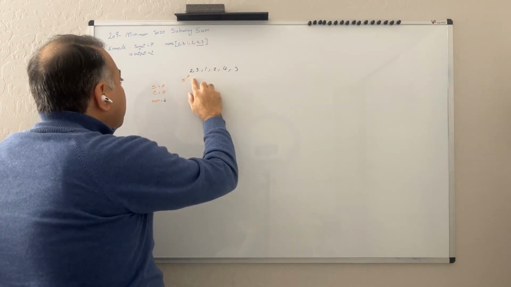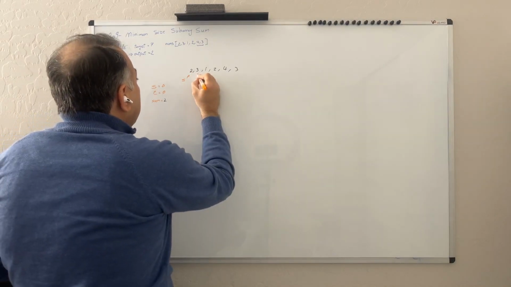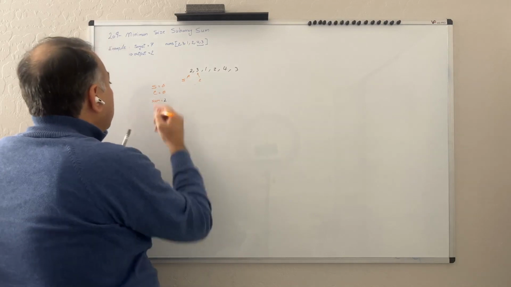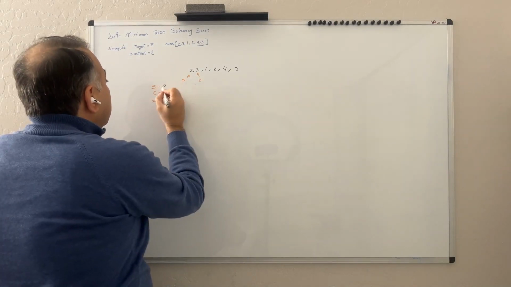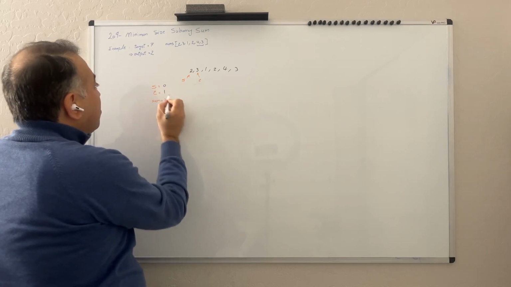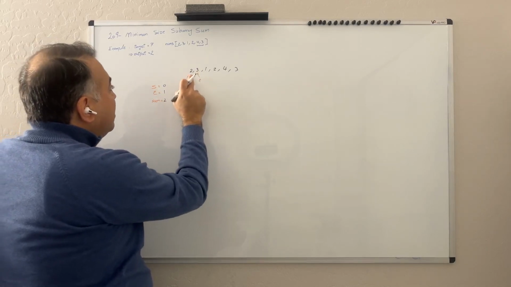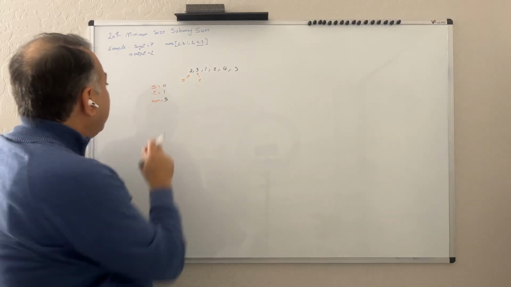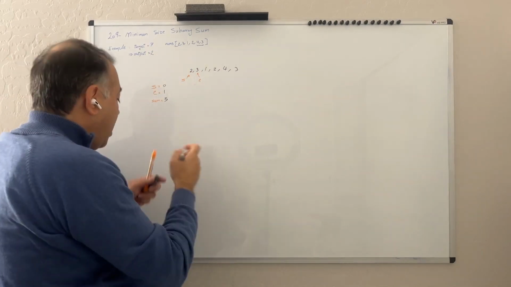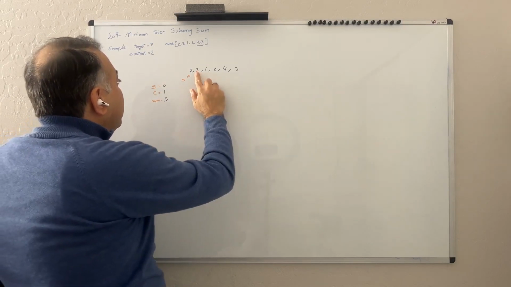So I can move E to this item, position 1, and I get the sum 5. Okay, 5 is less than the target, so I need to increase the window.